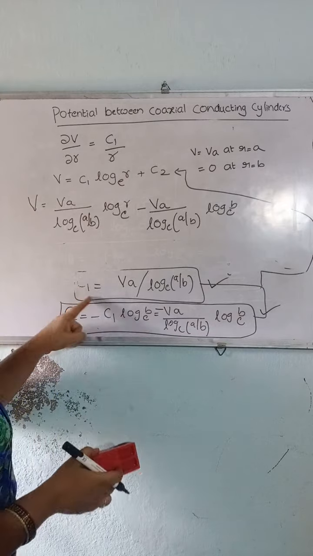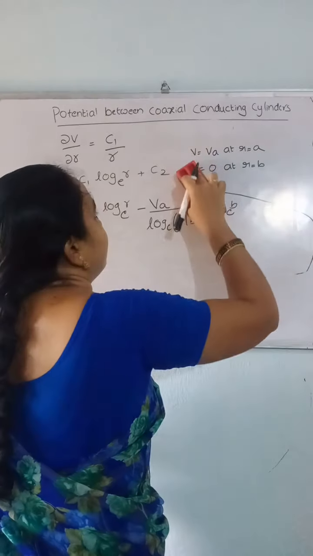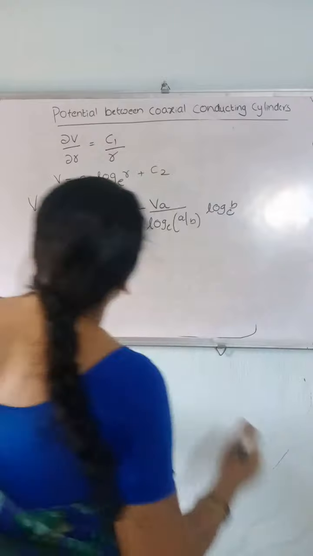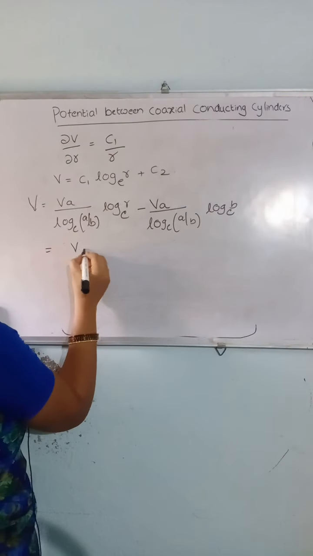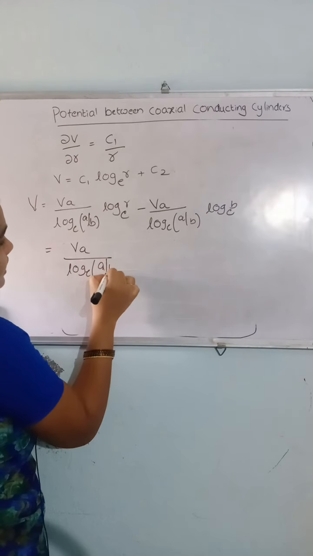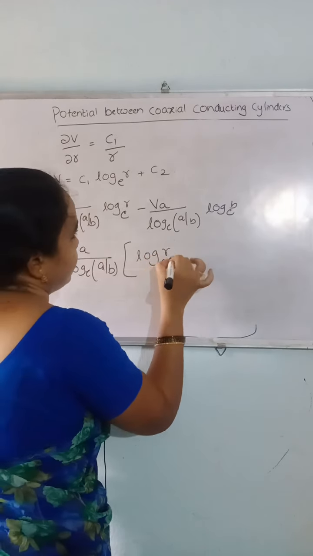So I have substituted these two values in the above equation. Then we get VA by log A by B common. The remaining terms are log R base e minus log B base e.